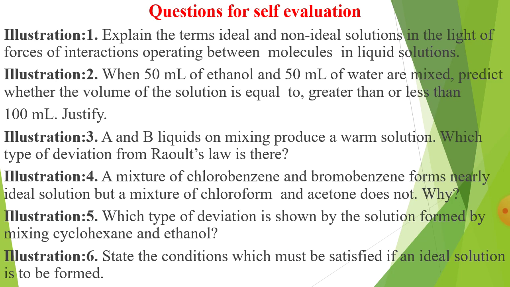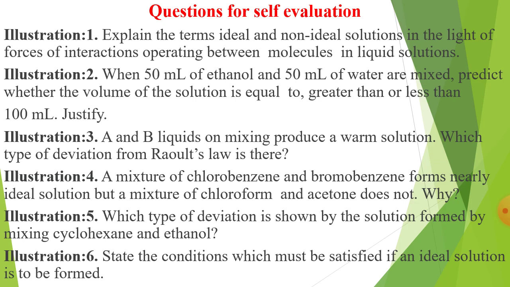Now some questions are given for self-evaluation. Illustration number 1. Explain the terms ideal and non-ideal solution in the light of the force of interaction operating between the molecules in the liquid solution. Second, when 50 ml of ethanol and 50 ml of water are mixed, predict whether the volume of solution is equal to, greater than or less than 100 ml and justify.